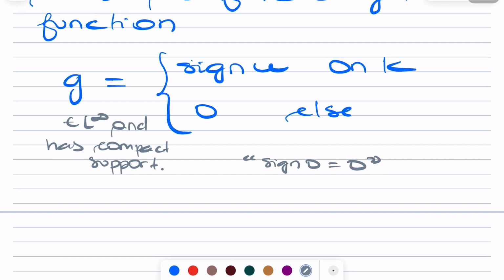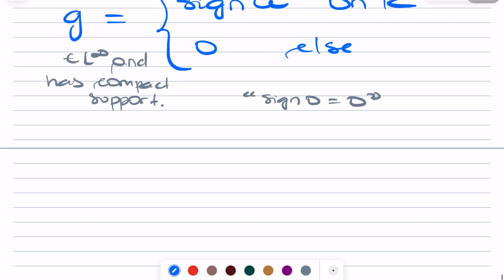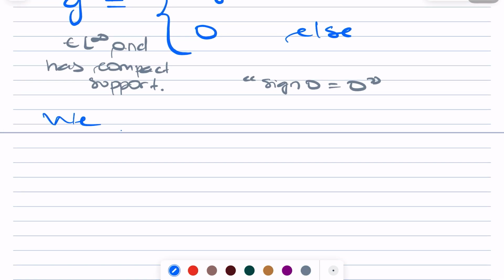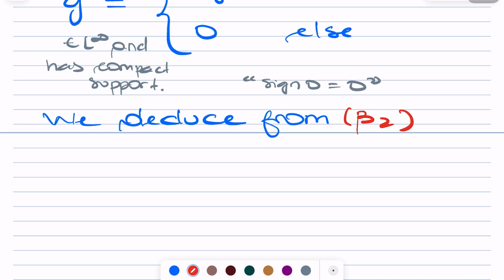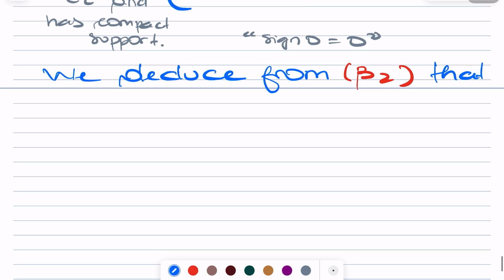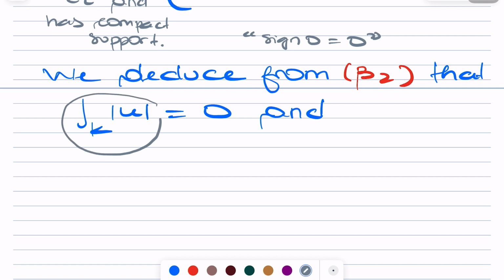So we deduce from beta 2 that the integral over K of the absolute value of U equals 0. And as I said, this is just a short notation, so always keep that in mind.